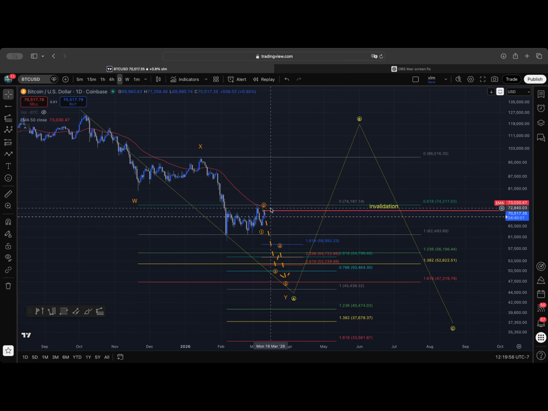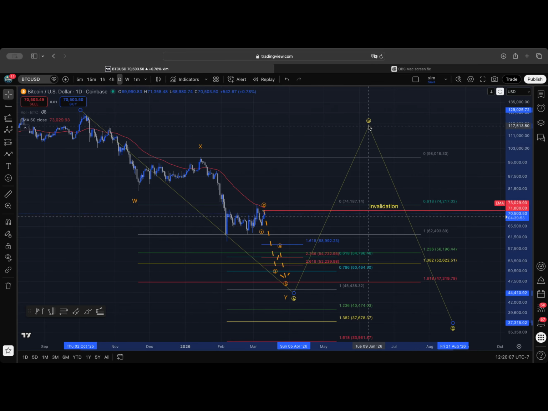It would really shock most people and get them to flip bullish. But because of the 3-wave construction in a WXY, this B wave would need at least a 90% retracement, if not a new all-time high. So that's something to be watching for. But overall, that is our path on Bitcoin right now.